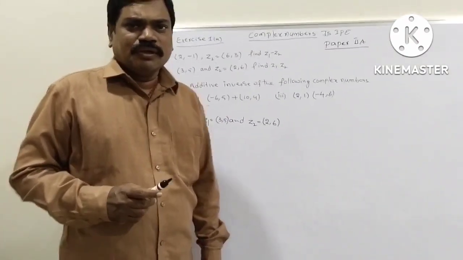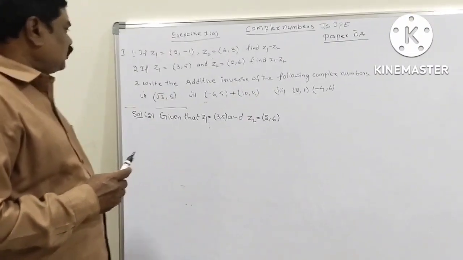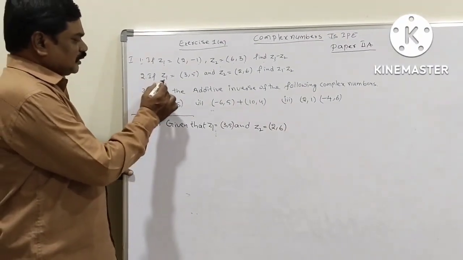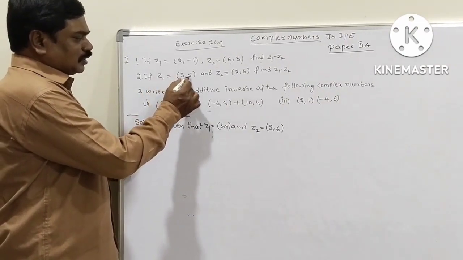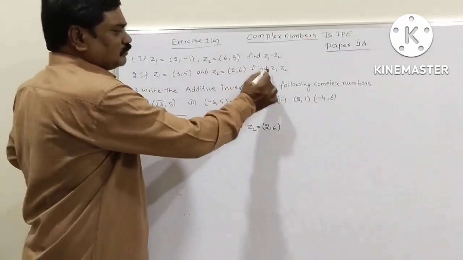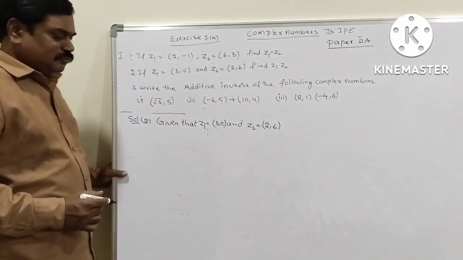Dear students, here we discuss the second problem. Z1 is equal to (3, 5) and Z2 is equal to (2, 6). Find Z1 Z2.